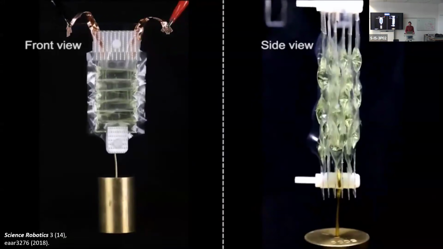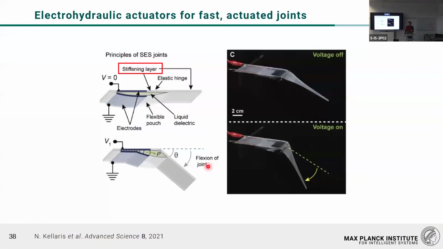Then we can also do a few different things with it. We can take basically the same structure of this actuator, but on one side we put a stiffening layer, some reinforcement, and again make some anisotropy in this actuator. And now suddenly, this actuator will start to bend.